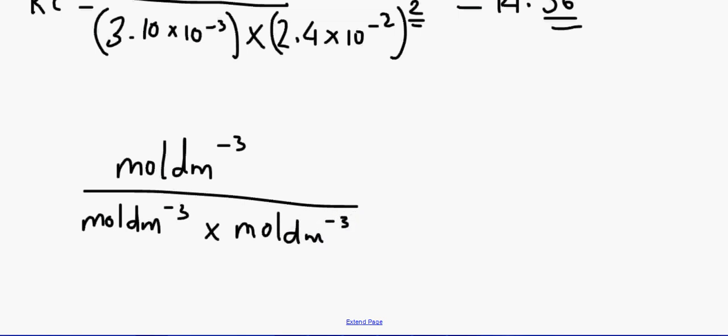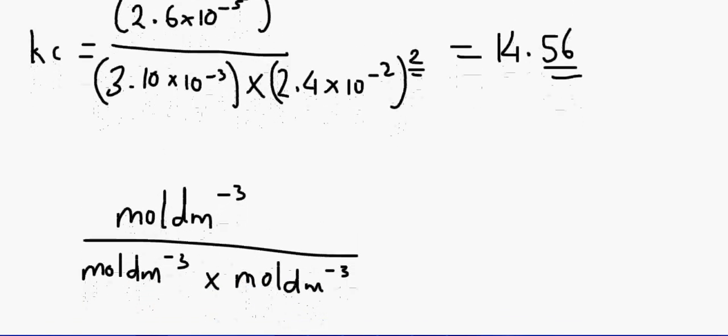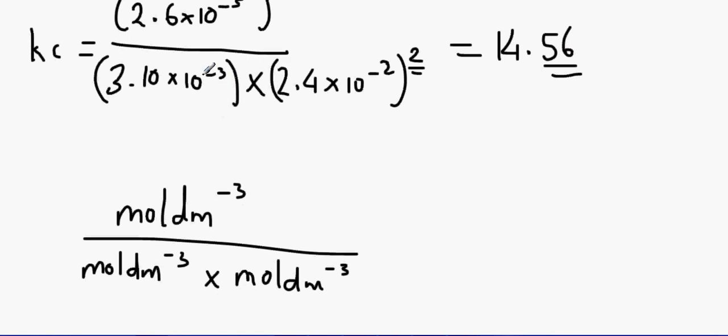All I've done here, by the way, just in case you don't get it, is that I have removed the units, because usually I would write 2.6 times 10 to the minus 5 mole per decimeter cubed over 3.10 times 10 to the minus 3 moles per decimeter cubed times and so on. All I've done is just put them into a separate equation. We could see that as we've got 1 mole per decimeter cubed here and 1 mole per decimeter cubed here, we could just cancel them out.